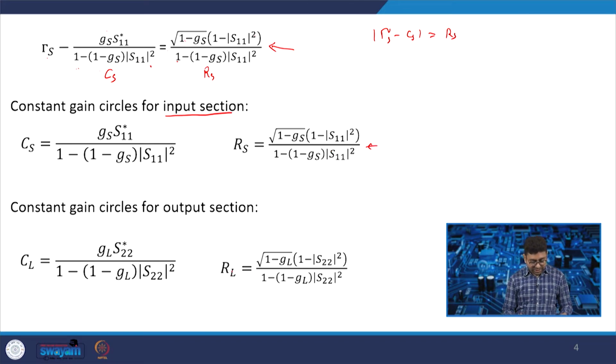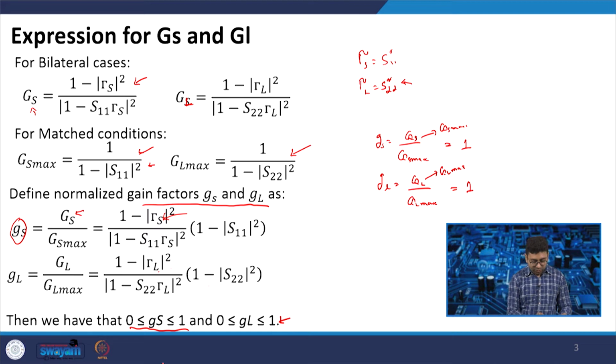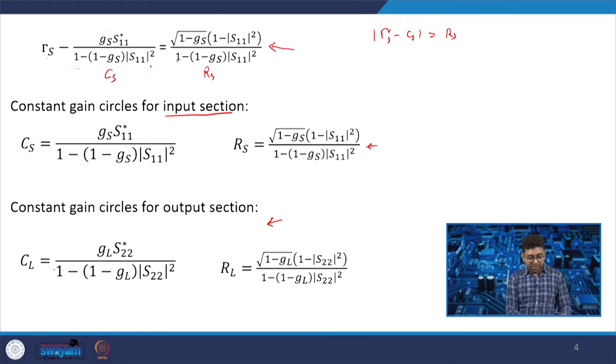You can have constant gain circles for the output section, that is the load side. The way we have written the equation for gamma S, you can also write the equation for gamma L, and this will provide you two quantities: the center of the circle CL and the radius of the circle RL.